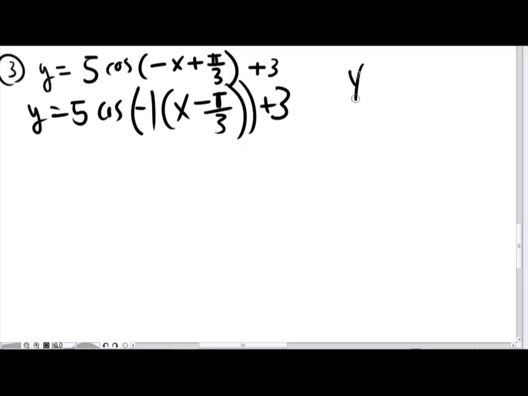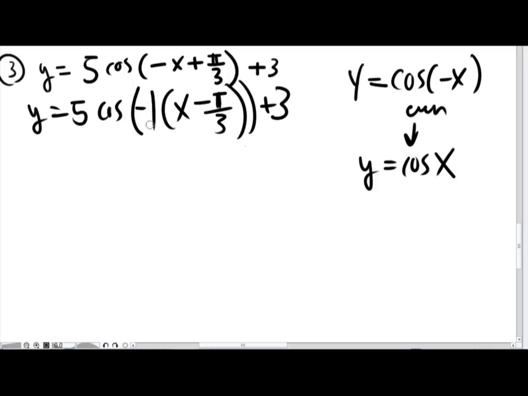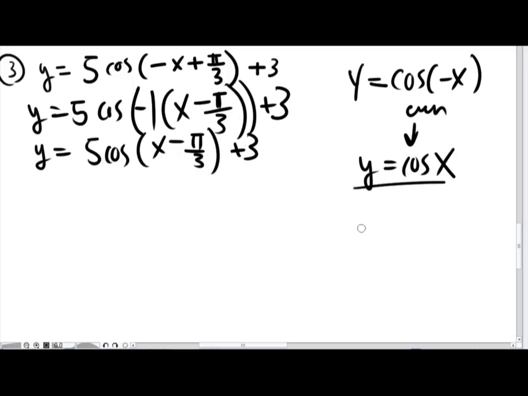So what that means is if we have y equals cosine of negative x, because it's even, it just becomes y equals cosine of x. So we can completely ignore this and just write y equals 5 cosine x minus pi over 3. And since we went over this, I'm just going to say that y equals sine of negative x equals negative sine of x, because sine is an odd function.